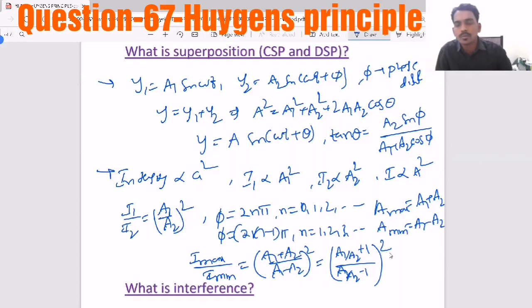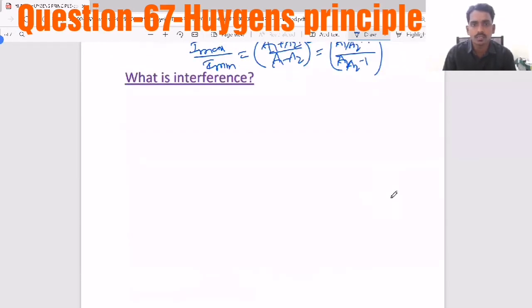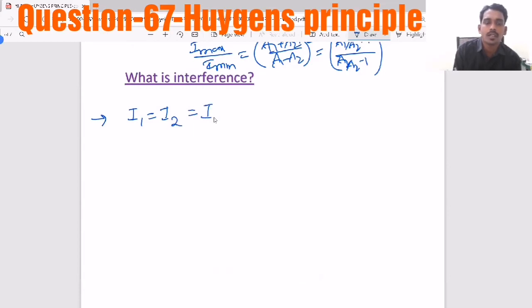Based on this superposition, they can ask the next kind of question. When you consider interference, it is nothing but I1 equal to I2, let's say some I naught.